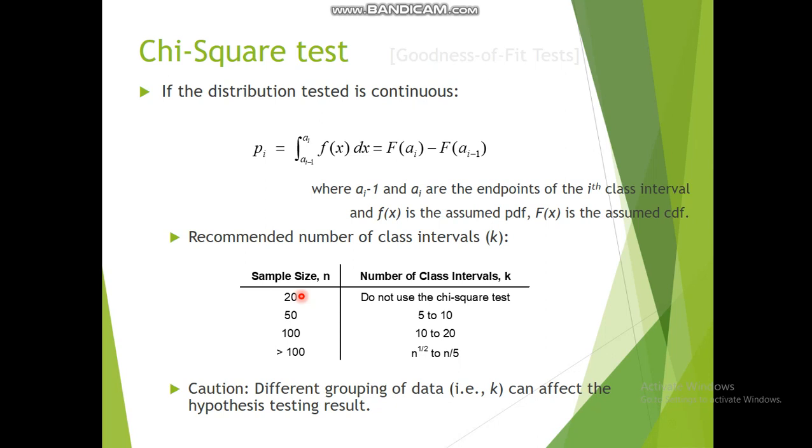If the sample size is 100, k is 10 to 20. If the sample size is more than 100, k will be between the square root of n and n by 5. These are the recommendations for the class interval k.